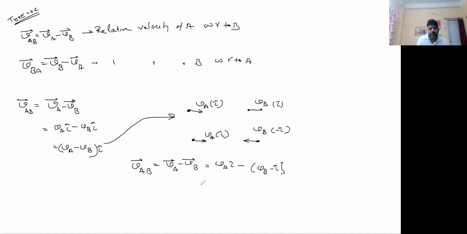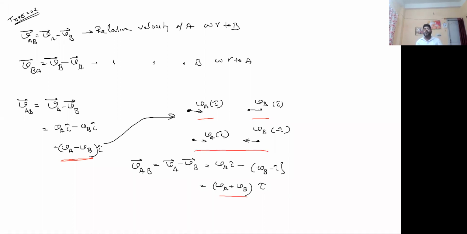So what you have is VA plus VB. From that, we learn one very crucial thing. If two objects are in the same direction, then in relative velocity we subtract one from the other. But if they are in opposite directions, we add them.